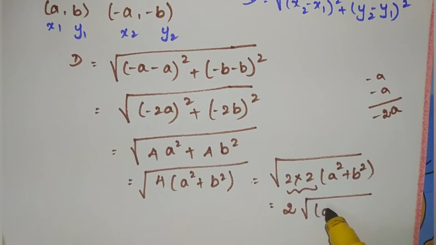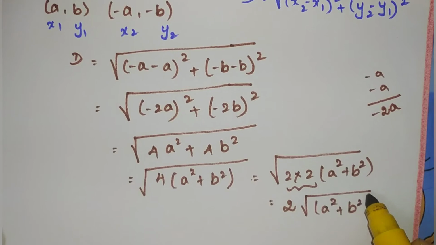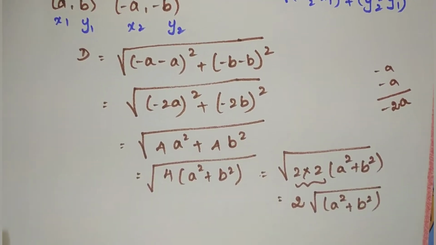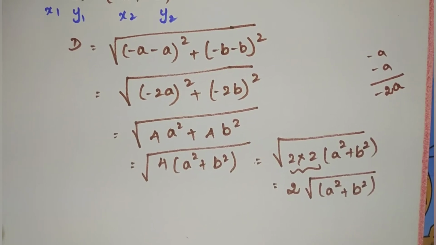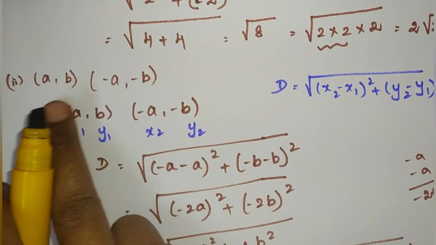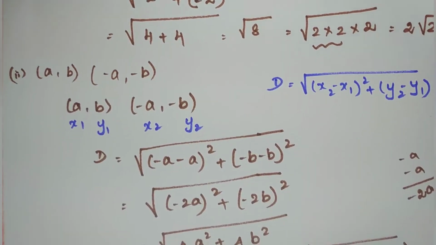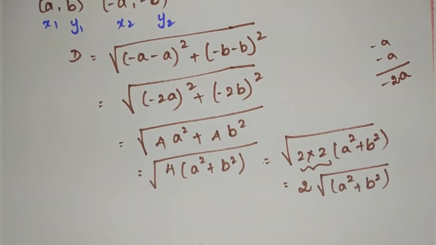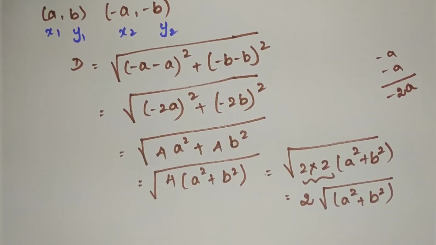The remaining will be inside the bracket only. So the answer is 2 root of A square plus B square. Clear, children? So the distance between the 2 points is 2 root of A square plus B square.